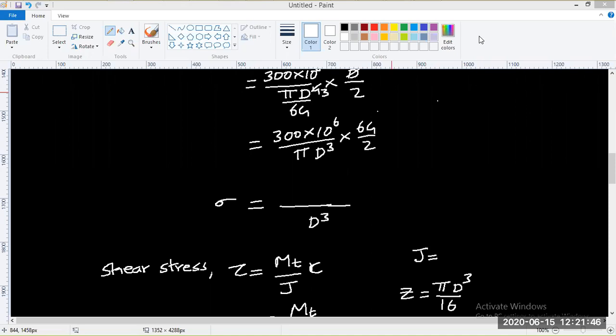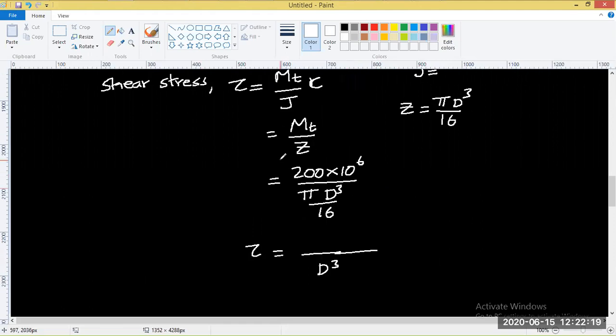You're right. So this is the bending moment stress. Let me copy our value here. We got 3055.7 into 10 power 6. Okay, so that is our stress, in terms of d cube.